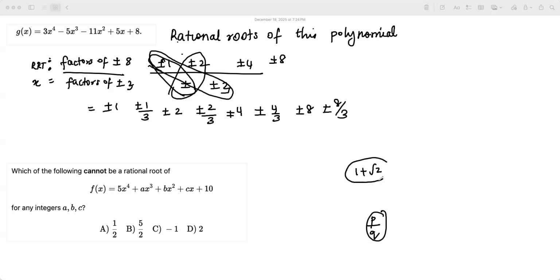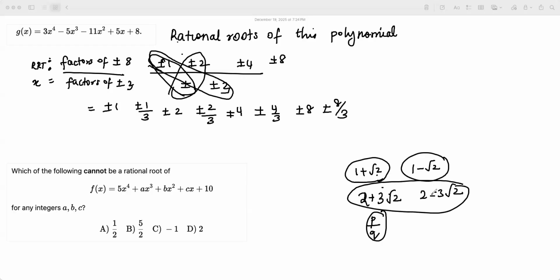This is an irrational root because of the root 2. 1 minus root 2 will also be a root. Let's say 2 plus 3 root 2 is a root, then 2 minus 3 root 2 should be a root. So they always exist in pairs. There will be 2 roots there. So here we just want to find the rational roots of this polynomial.